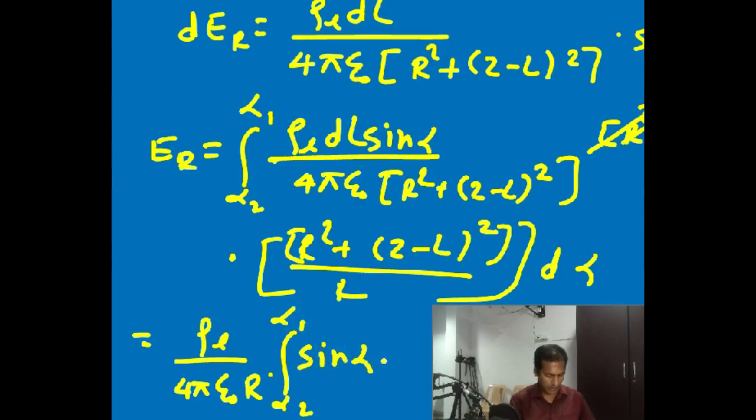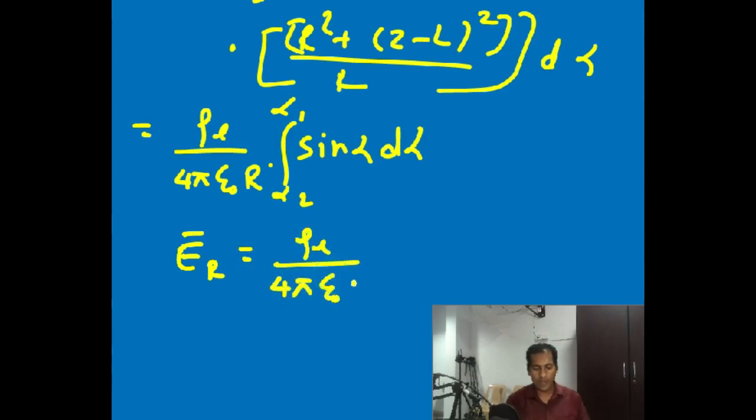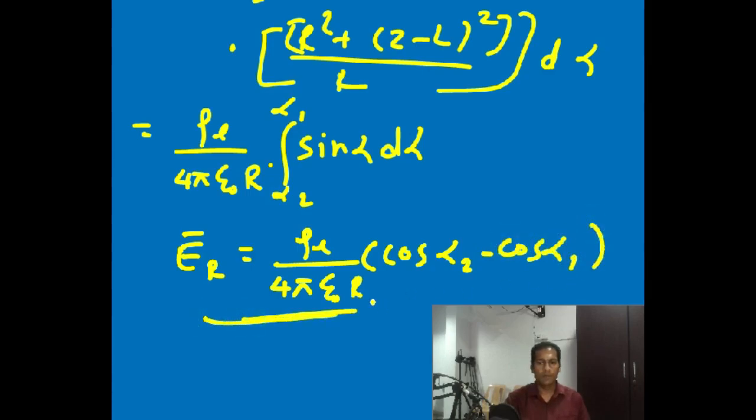Inside we'll get sine alpha d alpha. So the final expression we will get as ER equal to rho L by 4 pi epsilon naught r into cos alpha 2 minus cos alpha 1. So this is the required equation for this question.